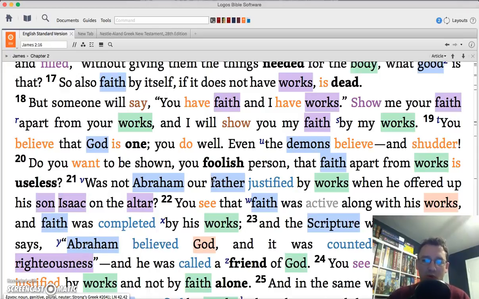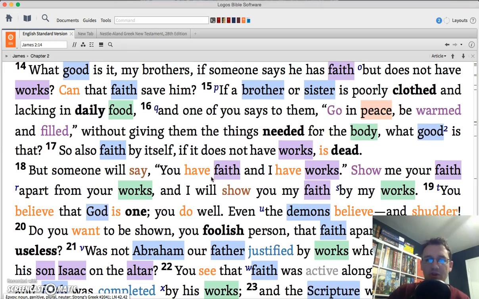But this is where that word faith becomes tricky and, in my opinion, somewhat misleading. Faith is not belief. Faith is faithfulness. That is active participation in the will of God. And in this case, what is being lauded about Abraham is his active participation and action regarding what God has asked him to do. In other words, he is in accordance with God's will. His faithfulness is what is exemplary.